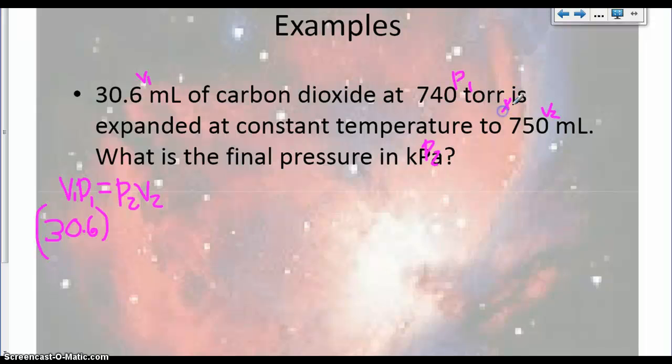I just prefer to work in atmospheres. We'll end up converting it back to kilopascals eventually. So we're just going to divide by 760. That's what's down here. It kind of all ran together there. All right, and I get 0.974 atm.